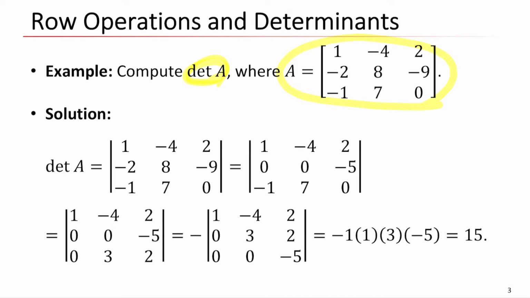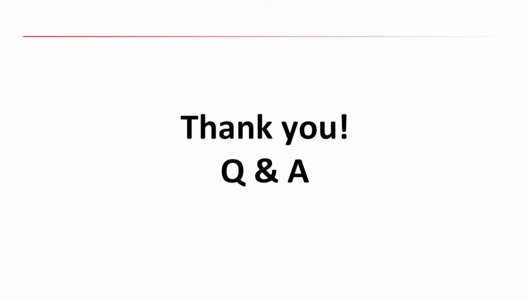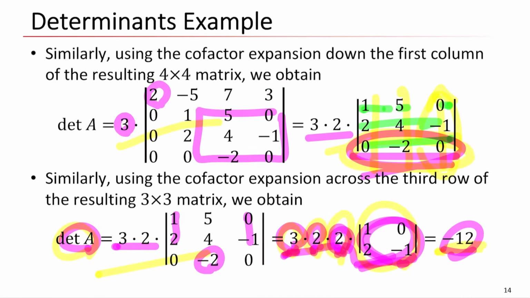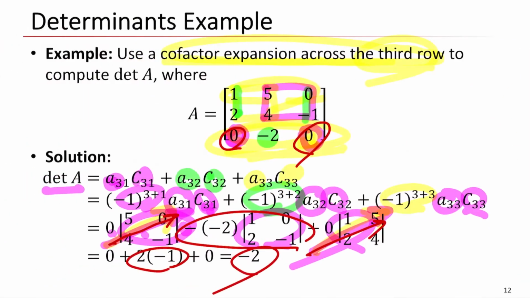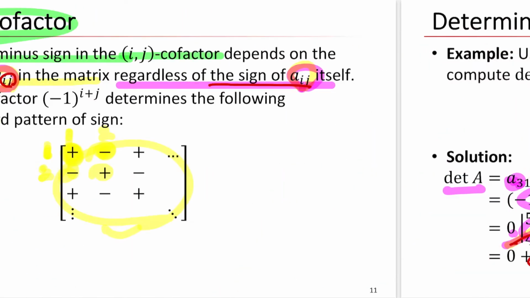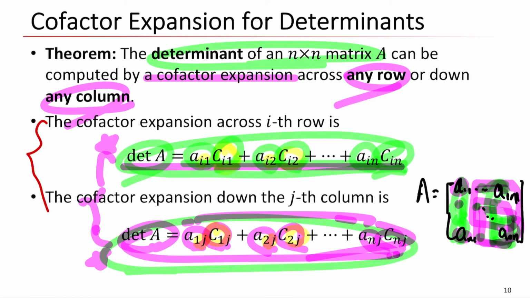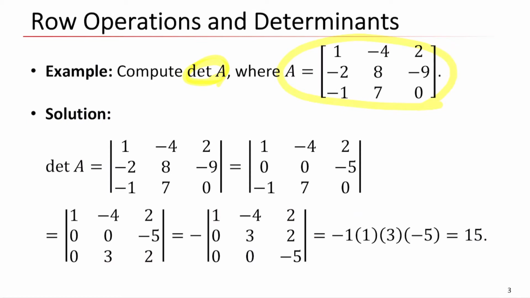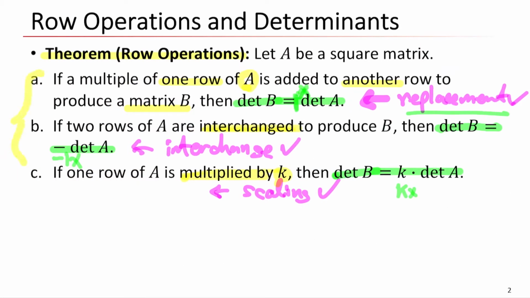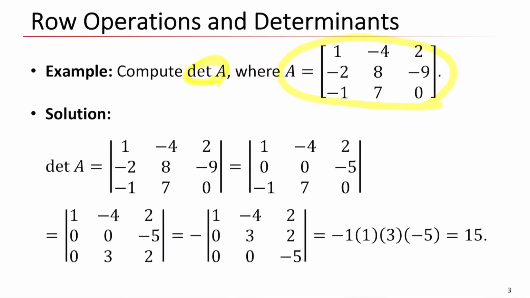If you remember our previous lecture, lecture 8.1, there is a rule, the cofactor expansion, right? We can also use this cofactor expansion for estimating the determinant, but today we will just use this theorem. Okay, then let's do that.